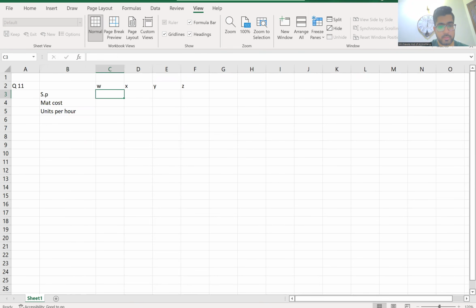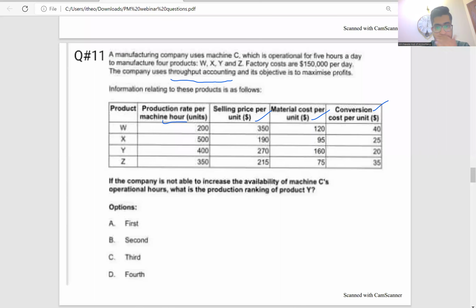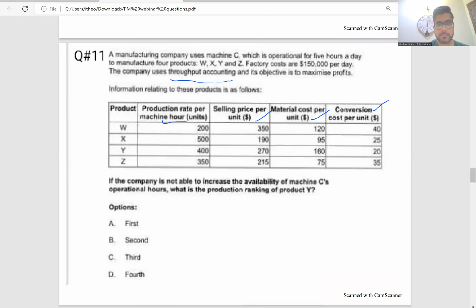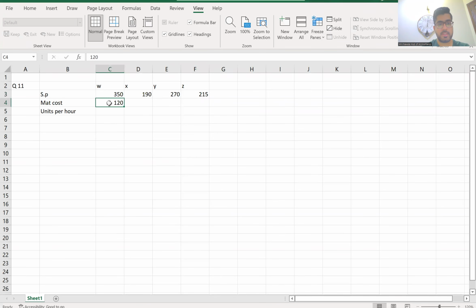Let's check the selling price. It's 350, 190, 270, 215. This is the selling price. And what about the material cost? 120, 95, 160, 75.